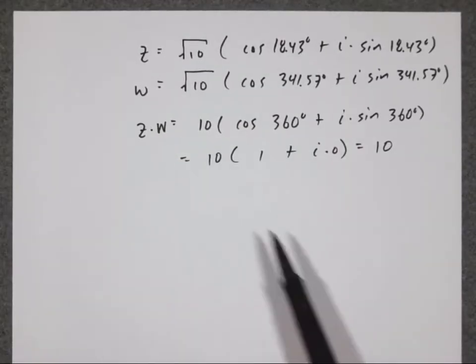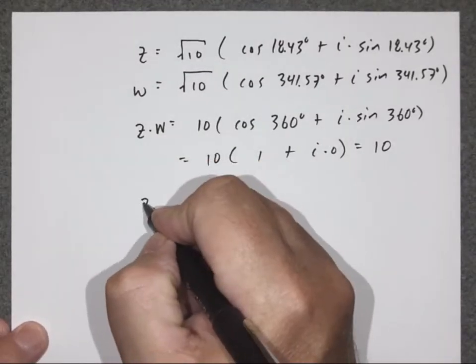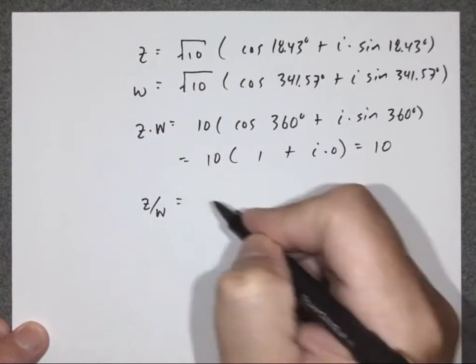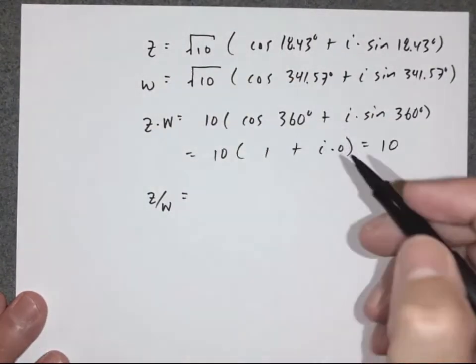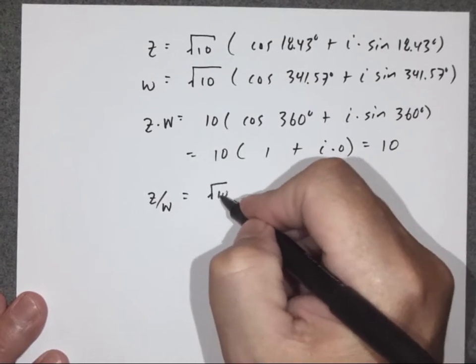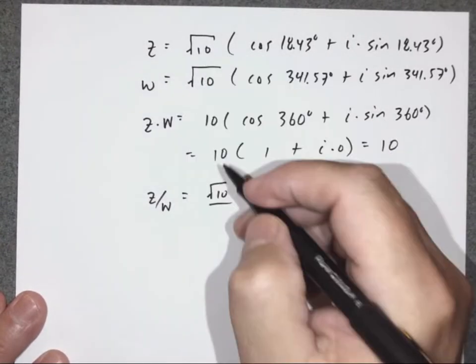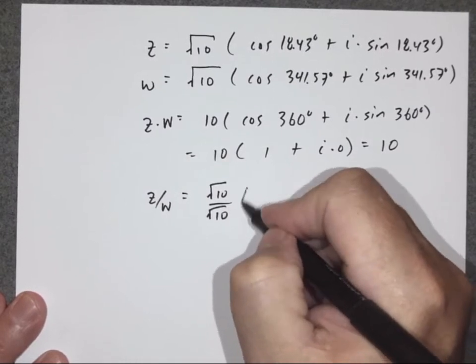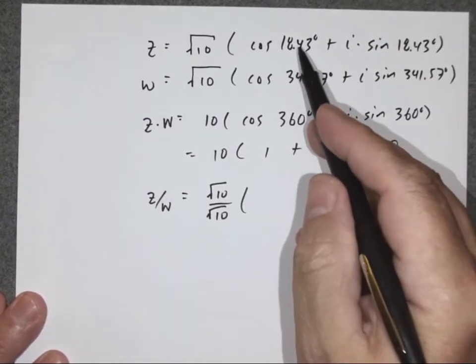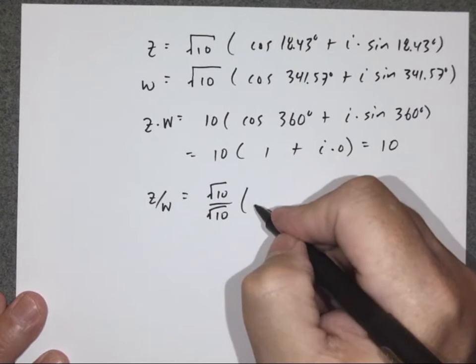Now let's go ahead, just for practice, and divide these. So for division, remember, you take the first r divided by the second r. Instead of adding the angles together, now you're going to subtract.